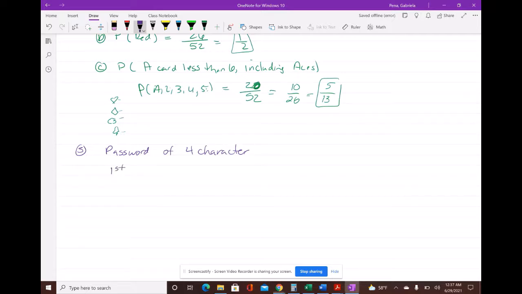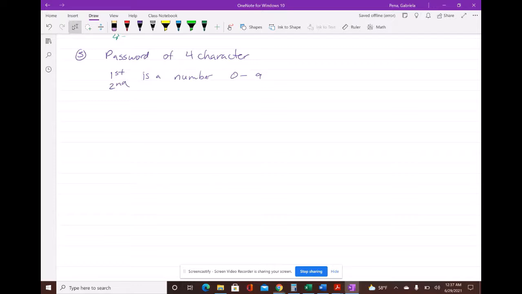The first character is a number from 0 to 9. The second character is any letter, case sensitive.